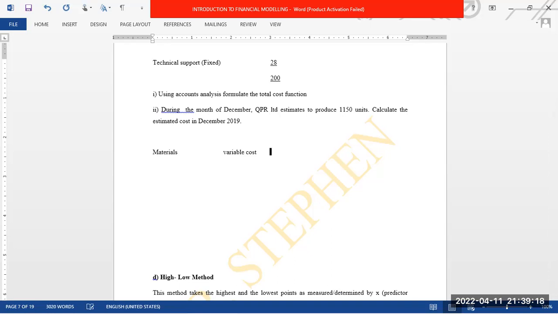Then we have fixed cost, then we have total cost.